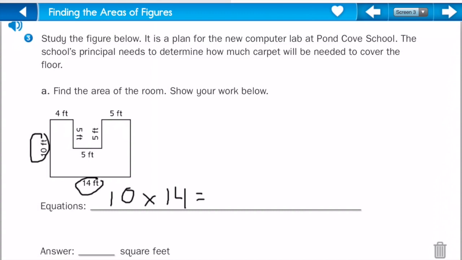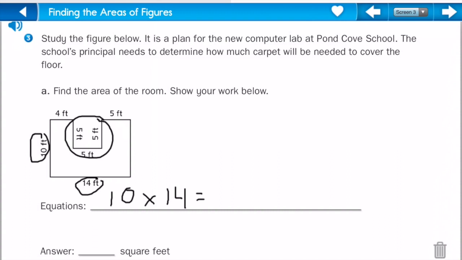But I know that this part right here I need to eventually subtract from the whole thing because it's missing.